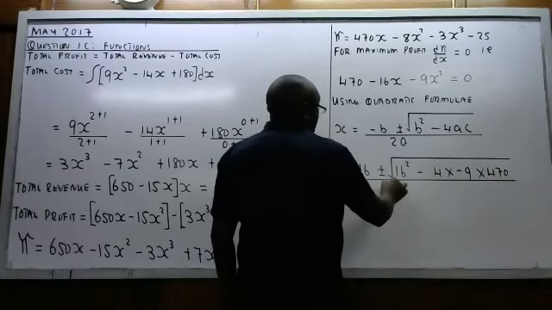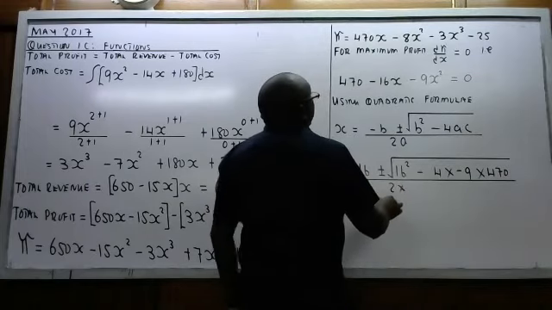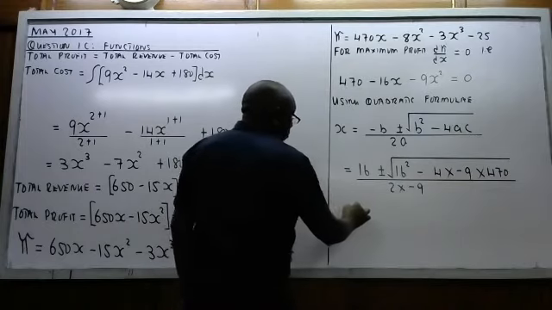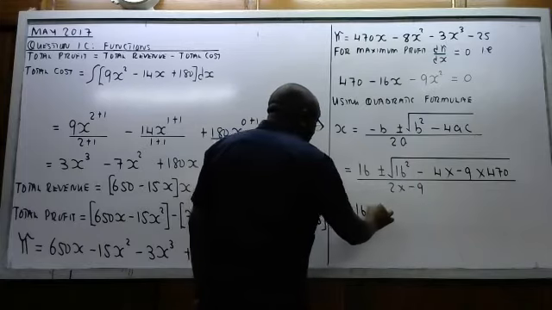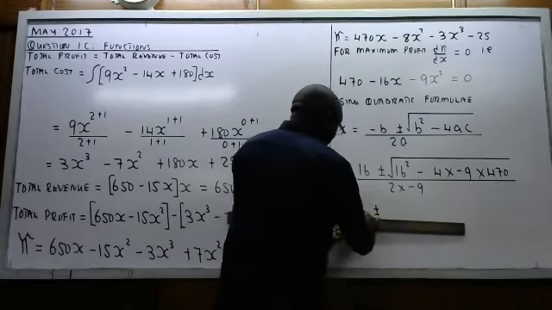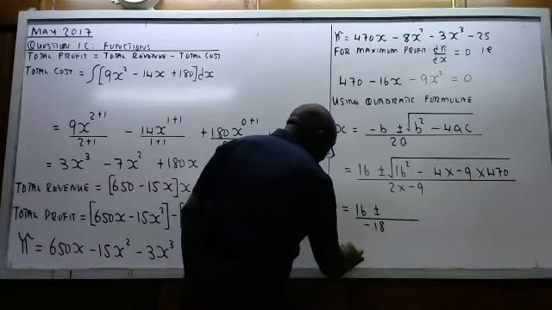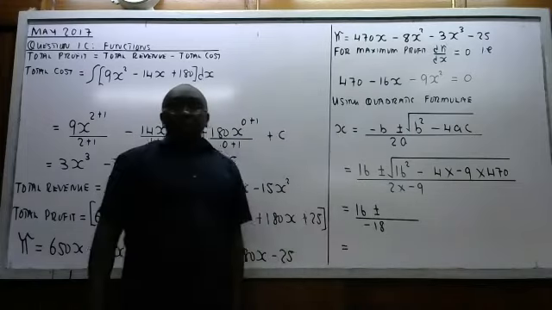We divide by 2 times a, which is minus 18. So give me what is in the square root.